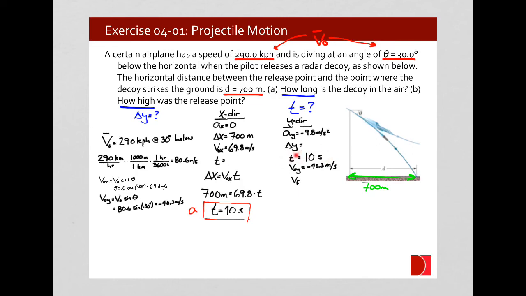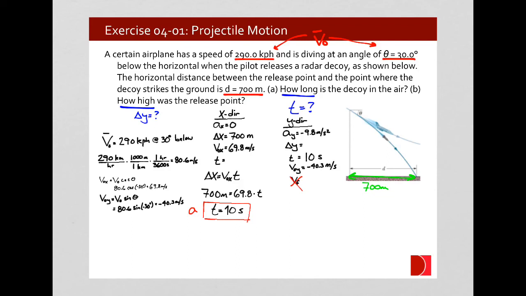It also is one of our kinematic variables in the y direction. Because the second part is asking us how high was the release point, what is the displacement in the y direction. We only had 2 kinematic variables to begin with, now we have a third one, so we'll be able to find the displacement in the y direction. We don't know anything about how fast it was going when it hit the ground in the y direction, and so if we don't know it and we're not being asked about it, we'll ignore that.